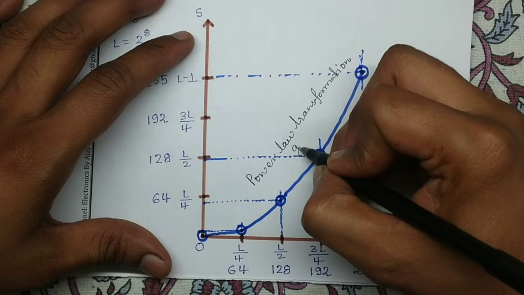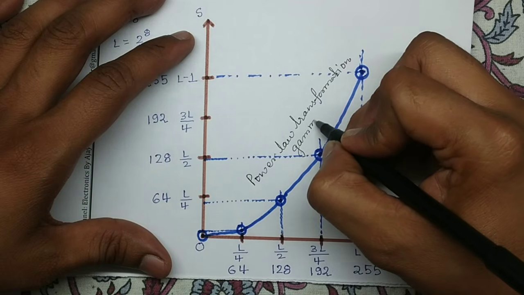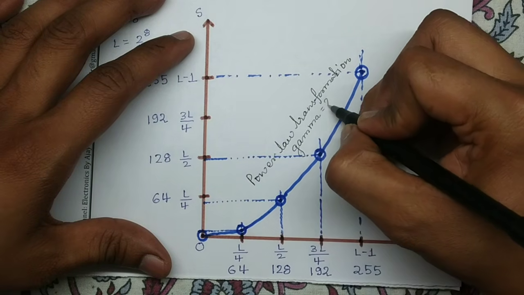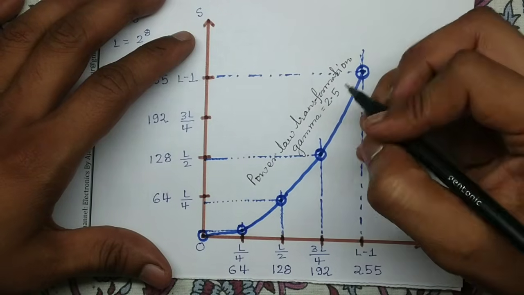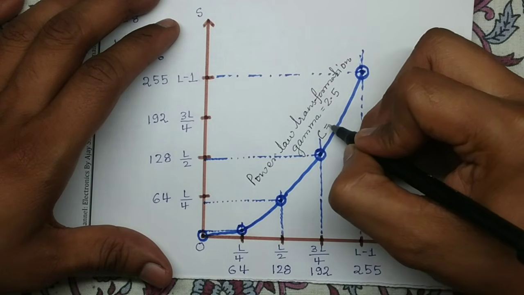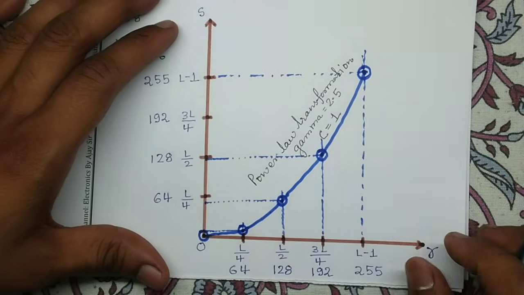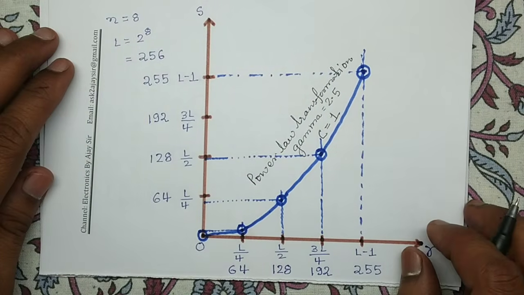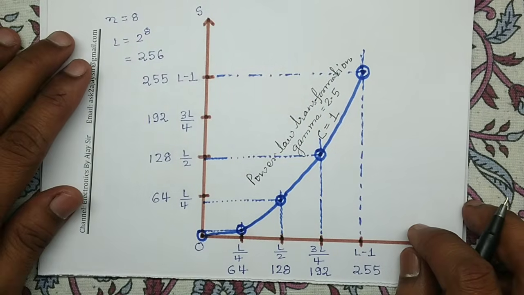When we have considered the gamma value to be 2.5, in this case we have obtained the value of the constant c equal to 1. Now let us analyze this characteristics plot.